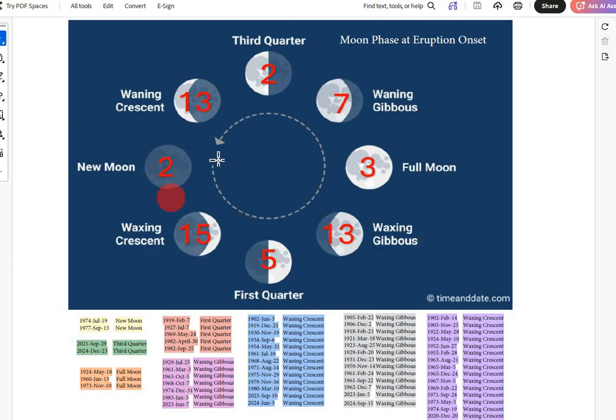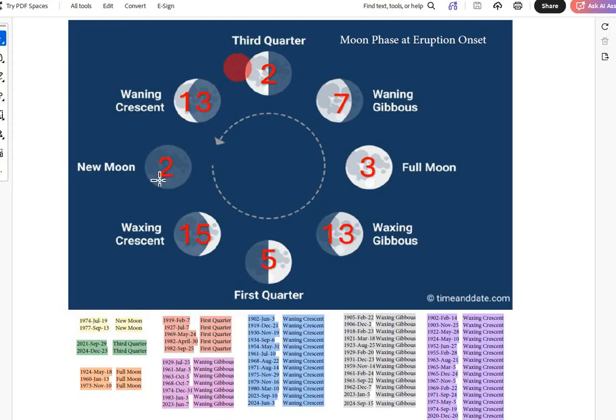What I've noticed is on a new moon or full moon, there were fewer eruptions from the Kilauea system. When the moon was 90 degrees opposed to that configuration, we also got fewer. We got 5 on the first quarter and 2 on the third. When we look at the intermediaries of these, we see those are where the significant eruptions are.